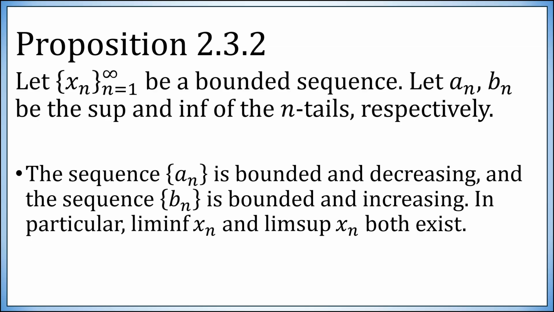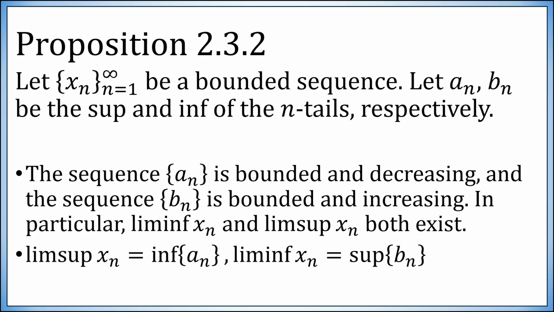These limits always exist. In particular, the limsup of the sequence is the infimum of the sups of tails, and the liminf of x_n is the supremum of the infs of tails. We also obtain the inequality that the liminf of a sequence is always less than or equal to the limsup.